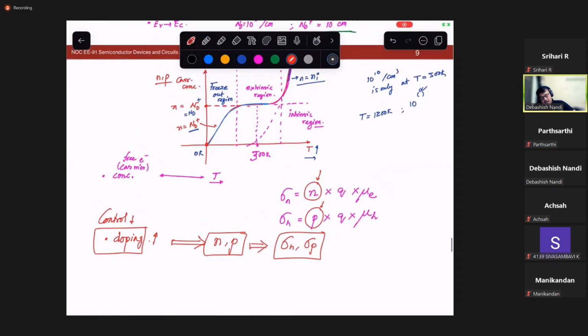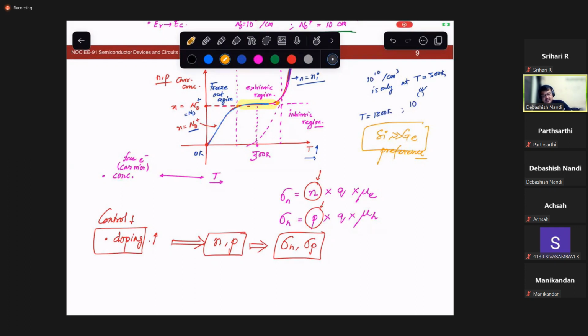Okay, so now by using the formulas, you can see why silicon was preferred over germanium. One of the main reasons is that for germanium this extrinsic range is very small. That we do not want.